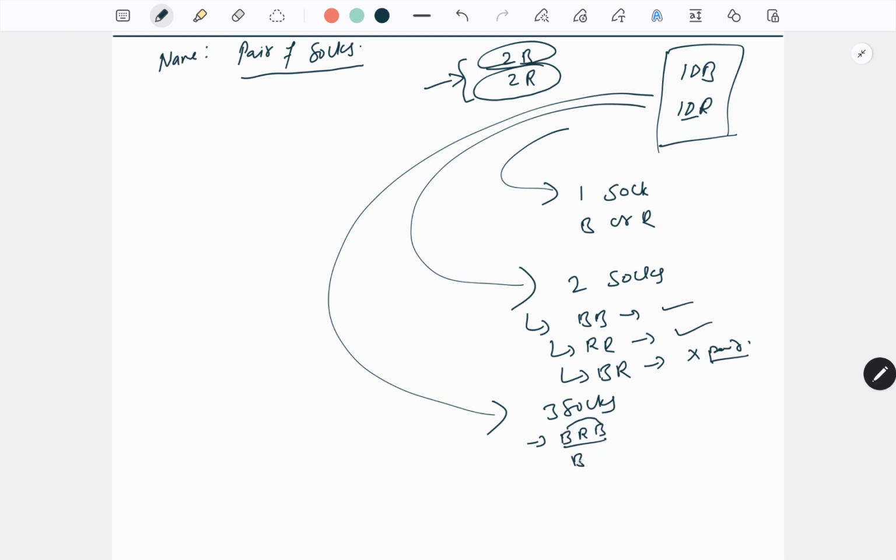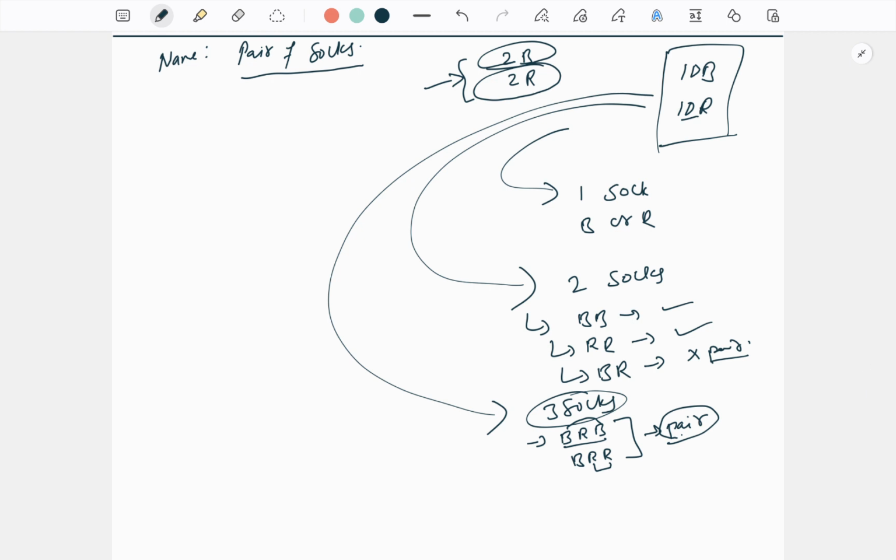If the third is red, you have a pair of red socks. So if you draw at least three socks, you are for sure going to get either two black or two red socks. So you will get a pair of socks if you draw at least three socks from the cupboard. This is a simple observation by drawing the socks from the cupboard.